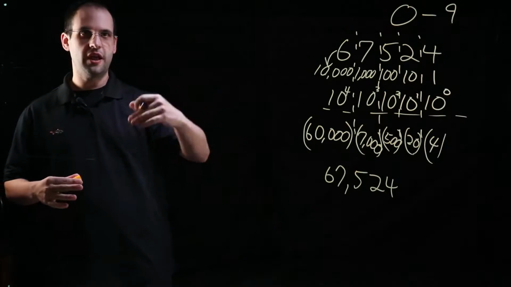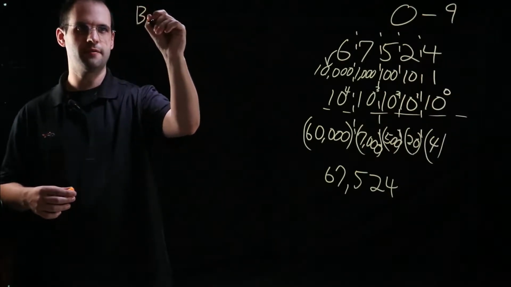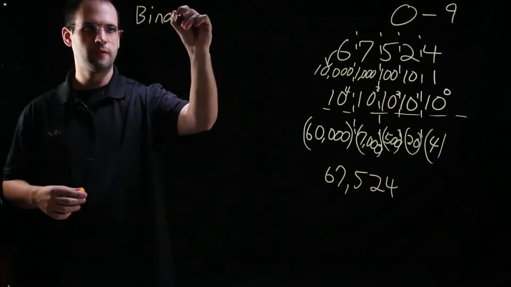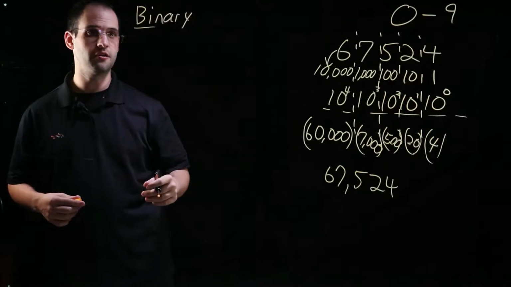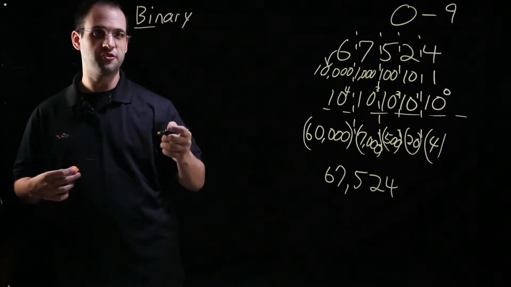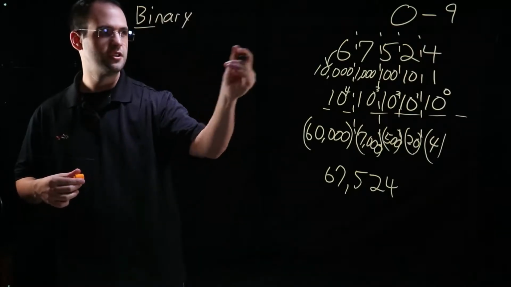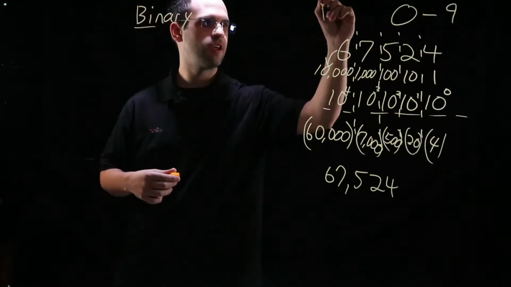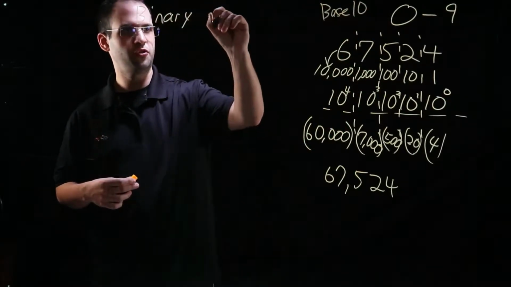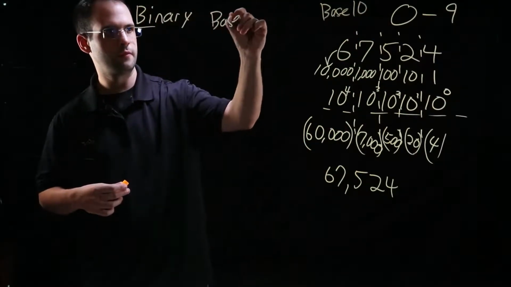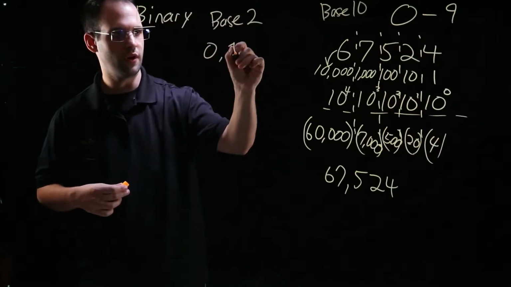But now we're looking at a binary system. Now, this bi part is going to be our key indication that this is a base 2 system. So instead of a base 10 system where we went 0 through 9, base 2 is based on a 0 or a 1.